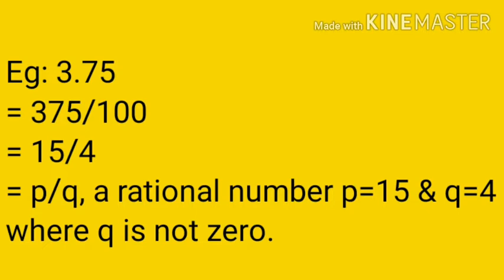Therefore, it is equal to 15 upon 4, which is in the p upon q form. Here this 15 by 4 is a rational number. P is equal to 15 and q is equal to 4 and q is not equal to 0. Therefore, a terminating decimal 3.75 is equal to 15 by 4, which is a rational number.